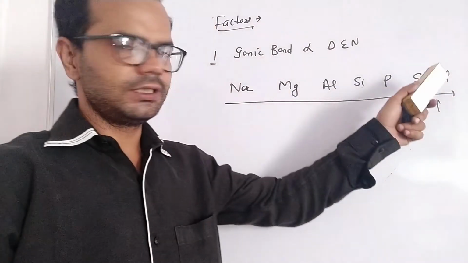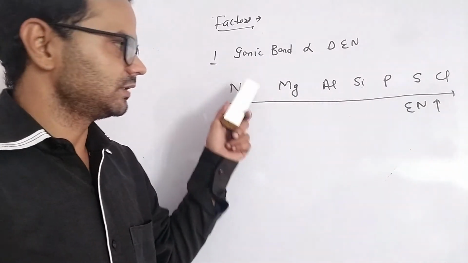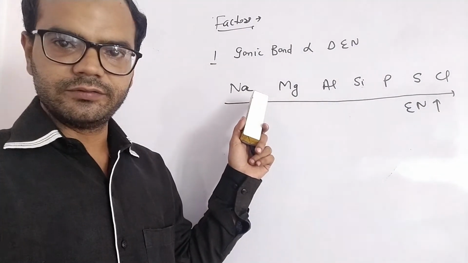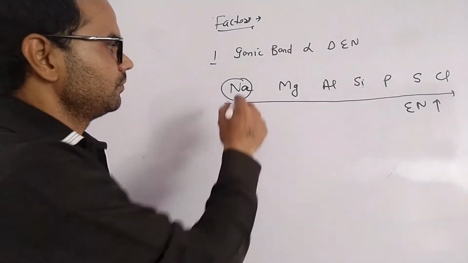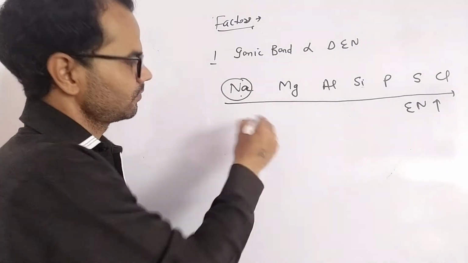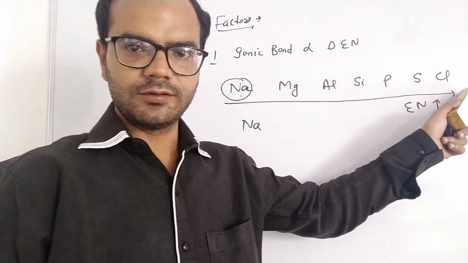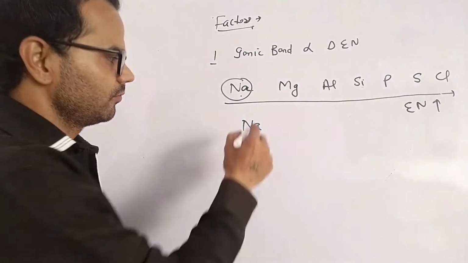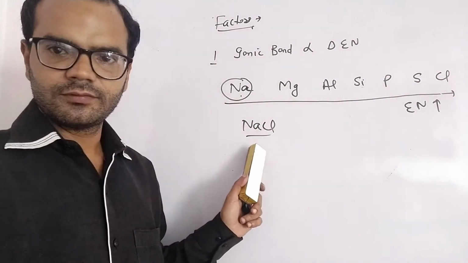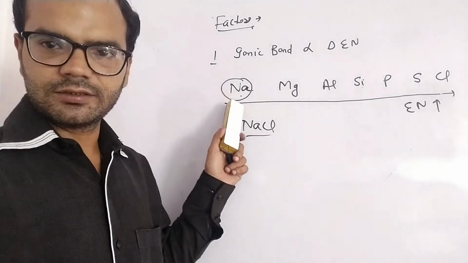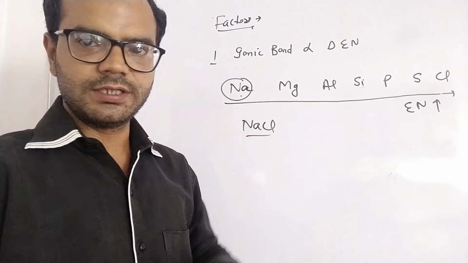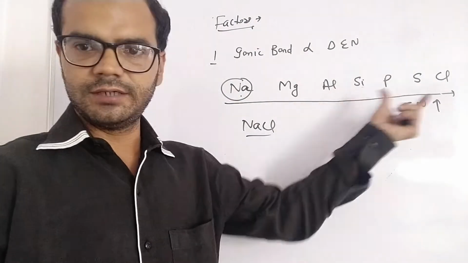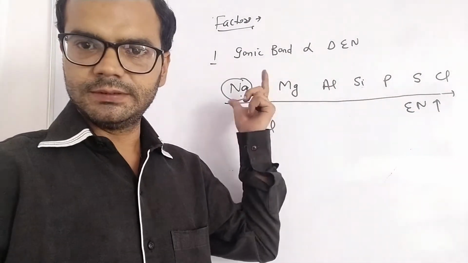In this period, chlorine is the highest electronegative and sodium is the least electronegative. So definitely the compound formed between sodium and the highest electronegative atom chlorine will be more ionic. So there is a large difference between the electronegativity of both elements.